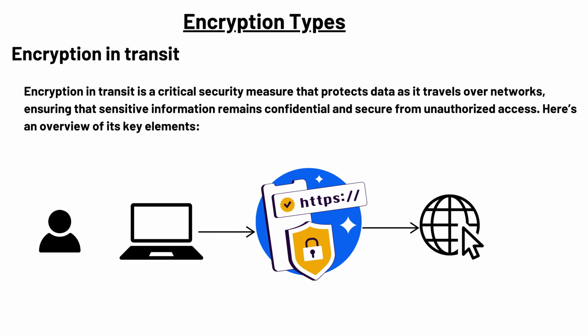For instance, when you use a website that starts with HTTPS, the S stands for secure. Your data is encrypted during its journey from your computer to the website. This means that even if someone tries to snoop on the email while it's being sent, all they will see is a bunch of random characters. They are not able to see the actual data.